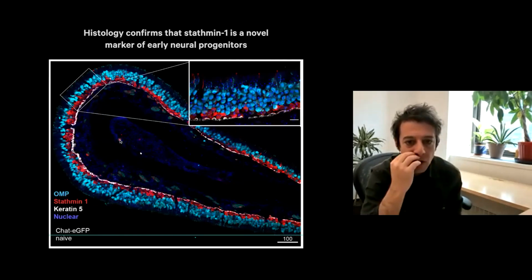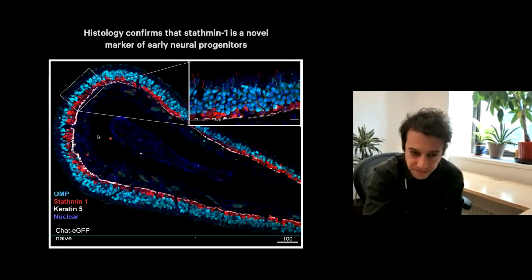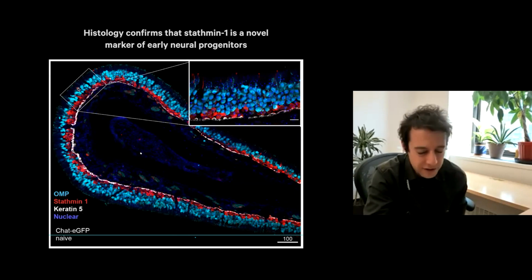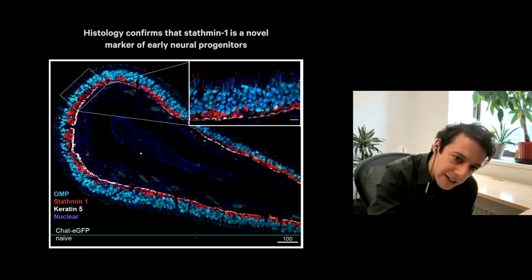And then when Laura stains for Stathmin-1, I really love this stain. I think it's beautiful. It's really right where you would expect it to be, as differentiation proceeds from the basal stem cell to the olfactory stem cell, to the olfactory neuron. Now our pseudotime is going in that direction.